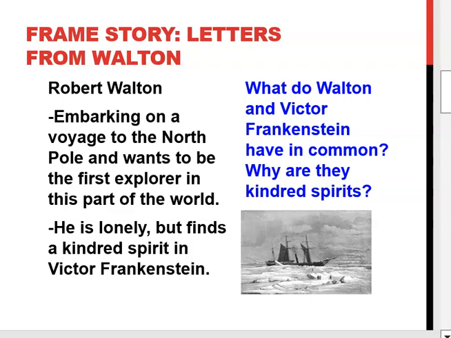So we learn a little bit about Robert Walton, and he's kind of a minor character in the story, but he becomes a kind of foil, or he reflects a lot of the same themes and ideas related to Victor Frankenstein, who is our protagonist.